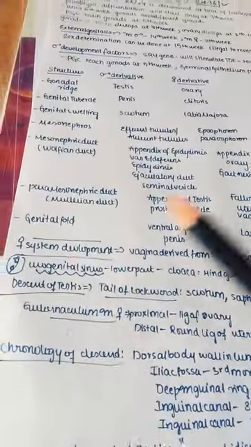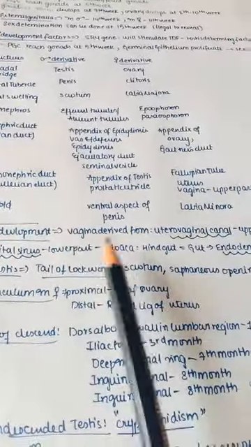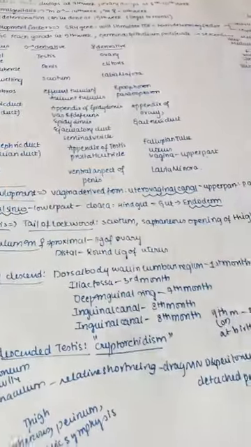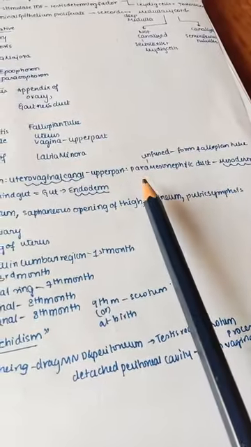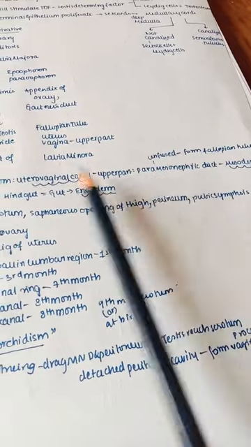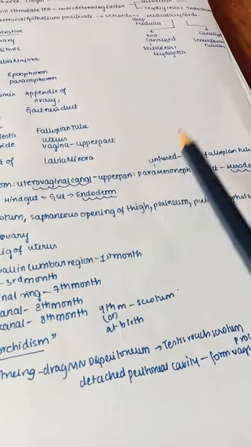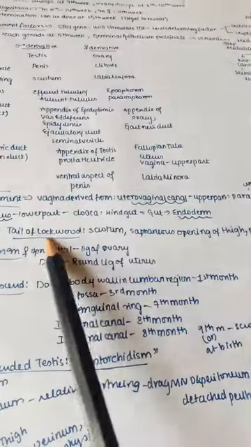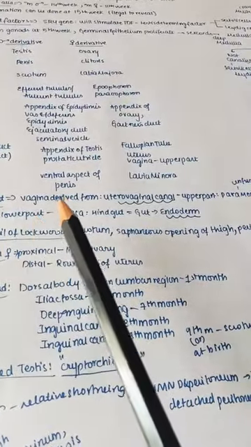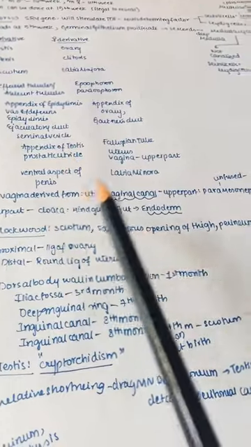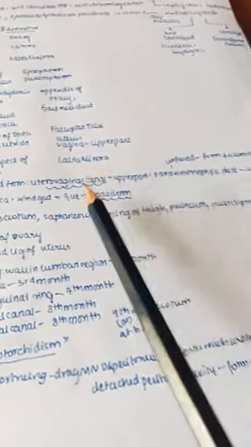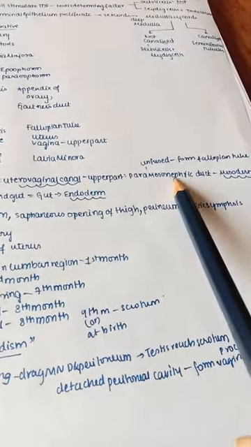So let us see the female system development. We know the paramesonephric ducts are fused to form the middle uterovaginal canal, and the unfused part mainly forms the fallopian tube. The uterus and vagina are mainly derived from this uterovaginal canal, and especially the upper part of the vagina is derived from the uterovaginal canal, that is coming from the paramesonephric duct, which is mesodermal in origin.